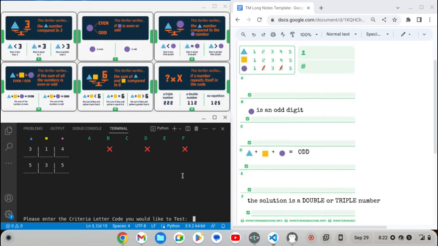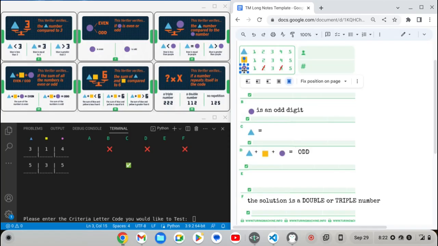Okay, so I did want to test criteria card C to see are they equal, triangle and circle. Okay, yeah, they are equal. So let's go ahead and type that up, and that is in section C, and we're stating that triangle is equal to circle.